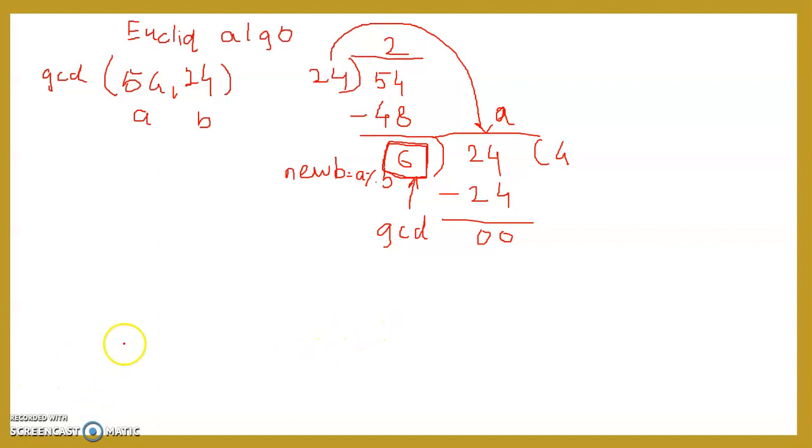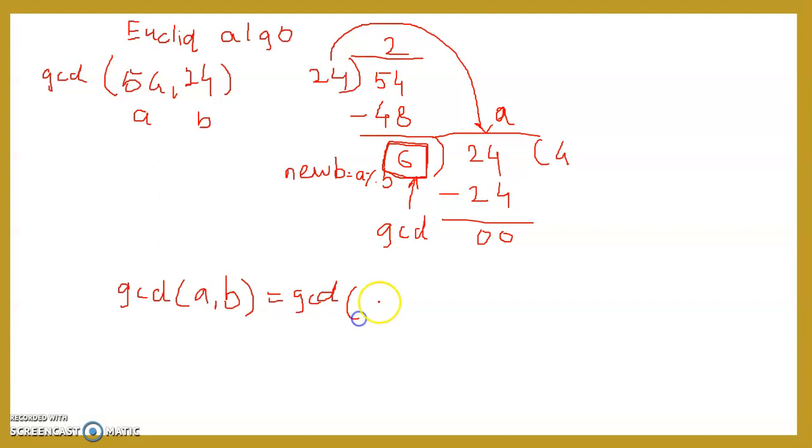Now in a simple way, what this algorithm says, I'll write here. Whatever I have written here, I'll write in a simple way. GCD of A comma B is equal to, how did we calculate the GCD?